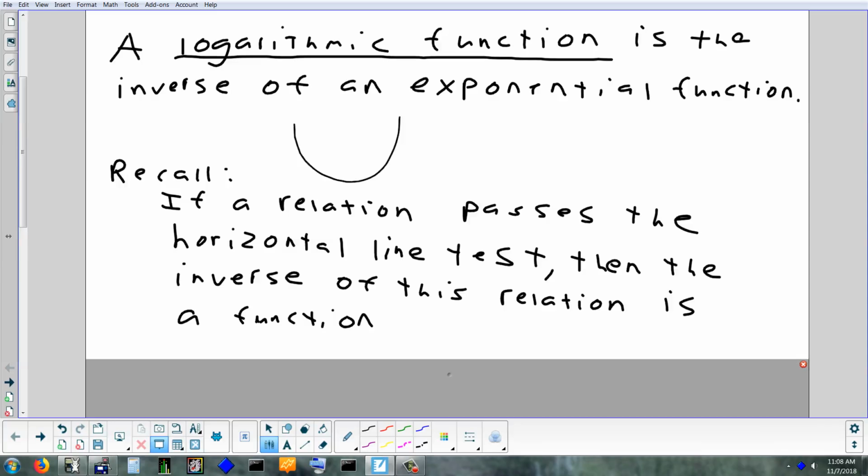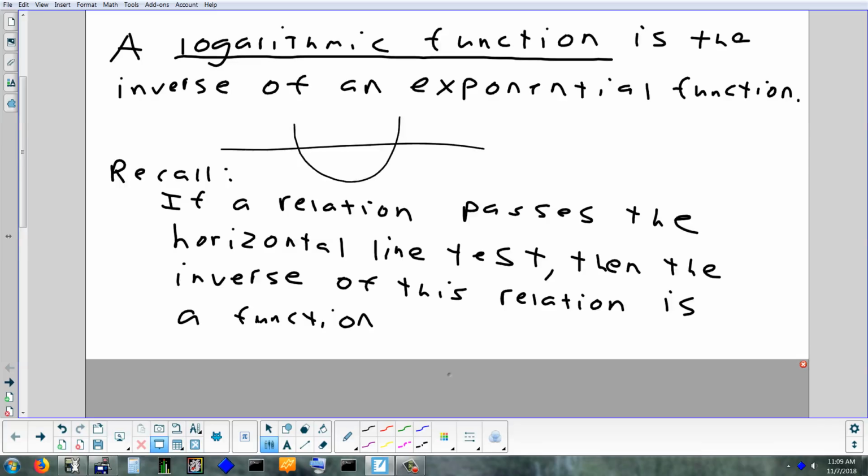The horizontal line test says if you can put a horizontal line and it doesn't hit the graph more than once, it has an inverse. Well, the regular x squared function fails the horizontal line test.